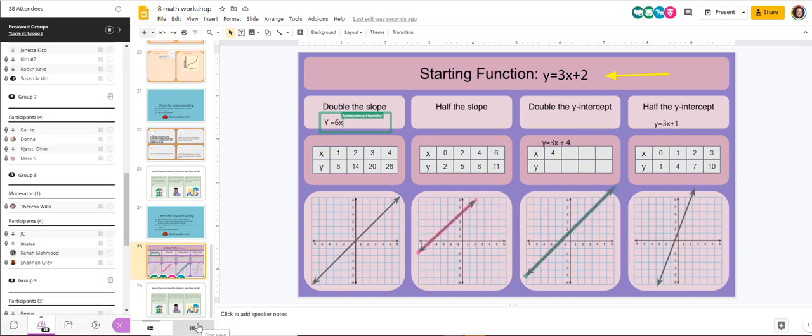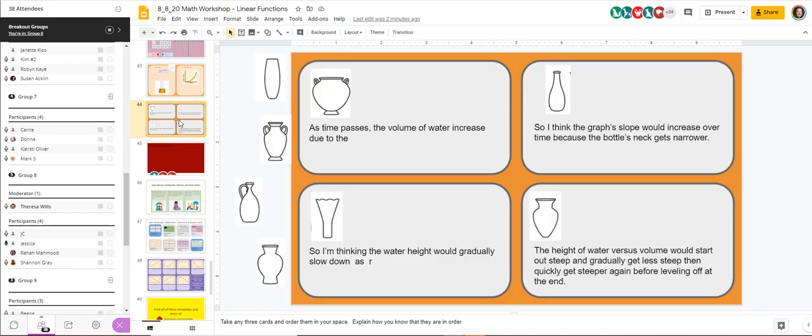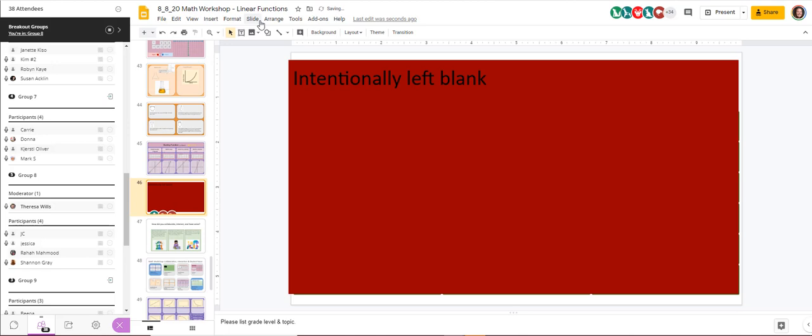It was kind of hard to move that line, but I think I got it in the right place. I think this one was one of my favorites.